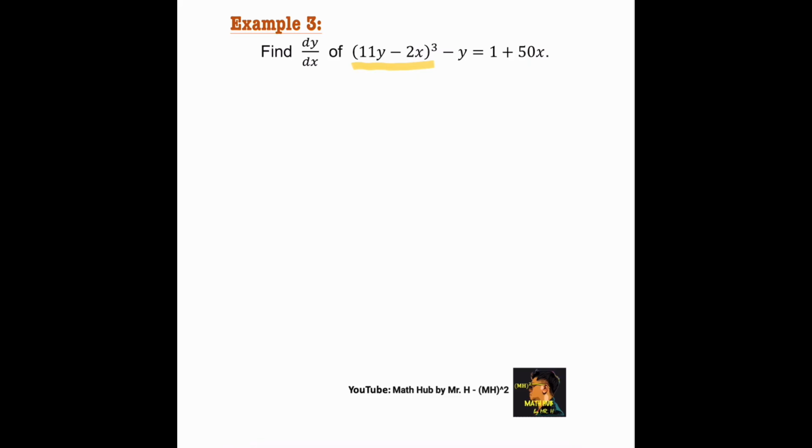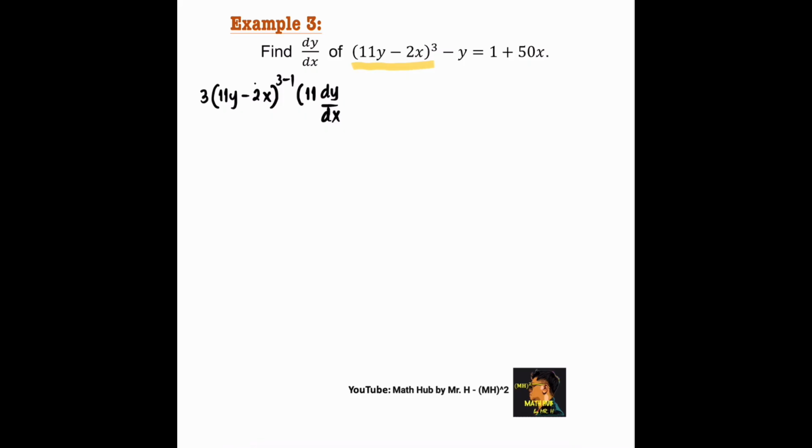So the derivative of that will be 3 times 11y minus 2x to the power of 3 minus 1 times the derivative of the base. So 11y will be 11 dy over dx.